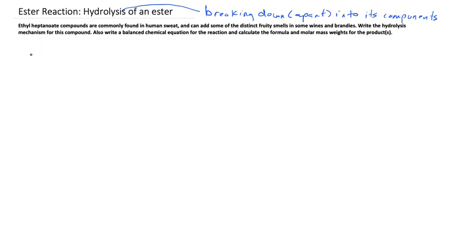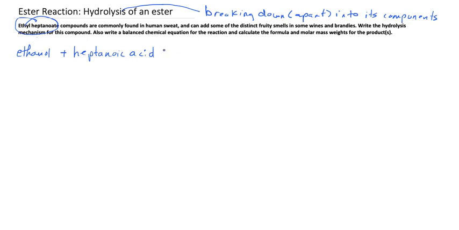So I think the best way to approach something like this is you take what you know, and what you want to do is break it apart. So right here, ethyl, we know this is the ethanol, and heptanoate, we know that would be plus our heptanoic acid.